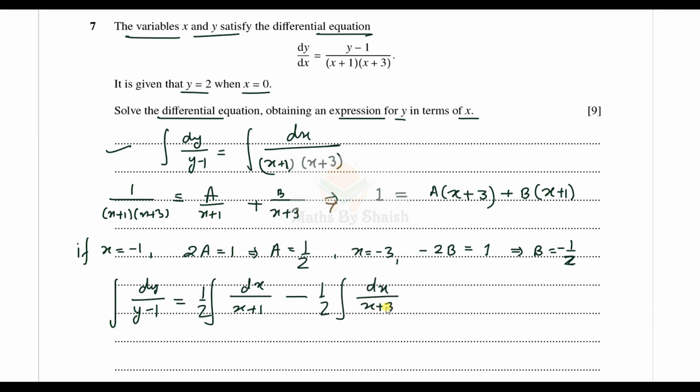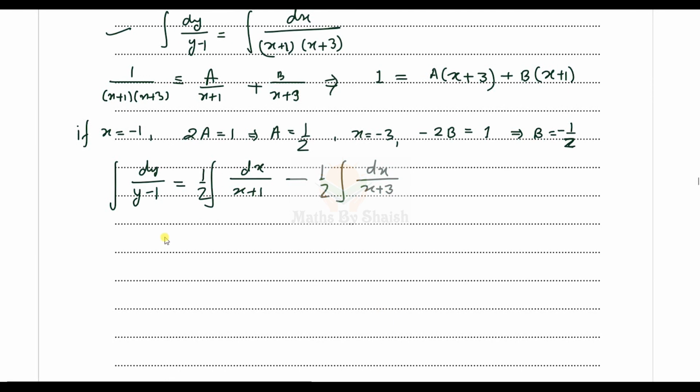And let's integrate this. It is going to be ln of (y minus 1) is equal to 1 by 2 ln of (x plus 1) minus 1 by 2 ln of (x plus 3), and plus constant of integration, let's say capital C. Then we'll put the value, and we know that when x is equal to 0, y is equal to 2.